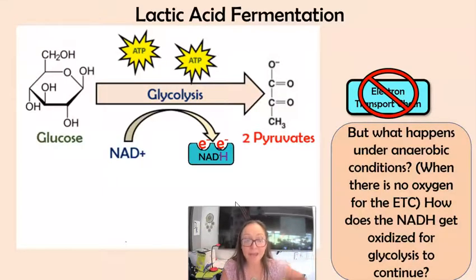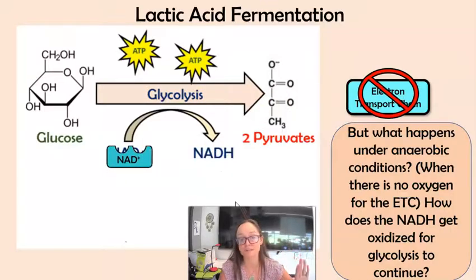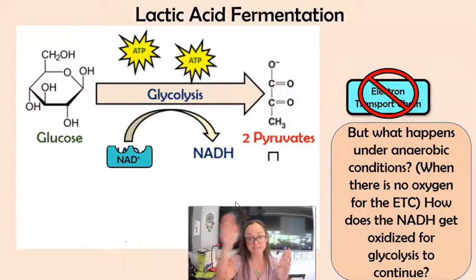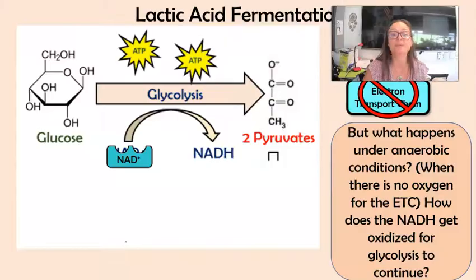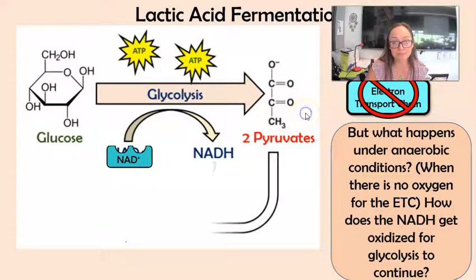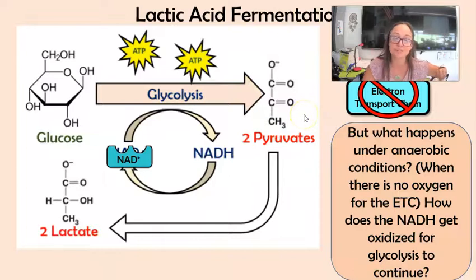NADH is now back to NAD+, and that's really what we need to happen so glycolysis can continue. In that process of pyruvate gaining electrons and hydrogens, pyruvate is converted into lactate, or lactic acid.